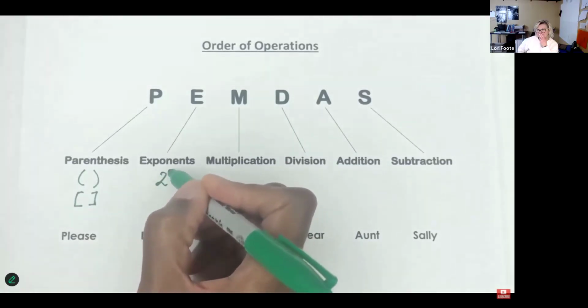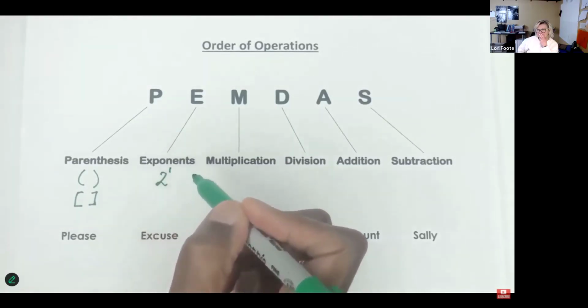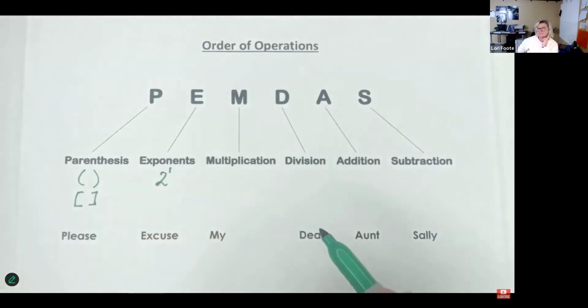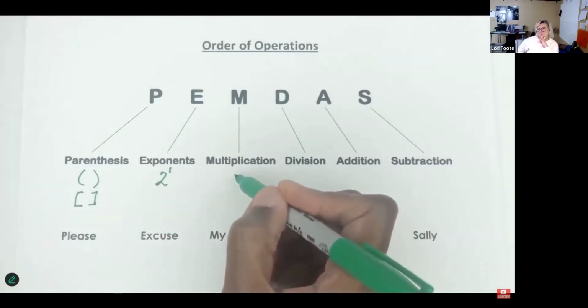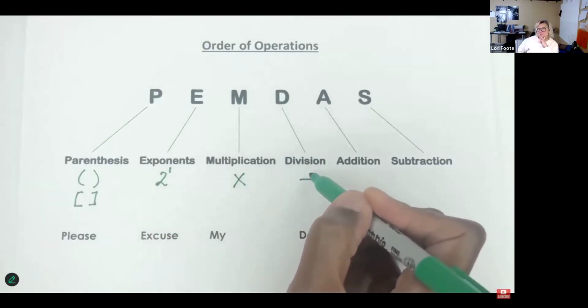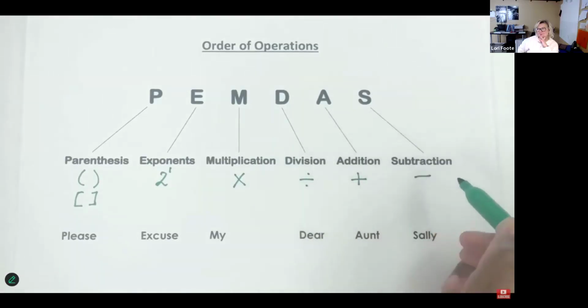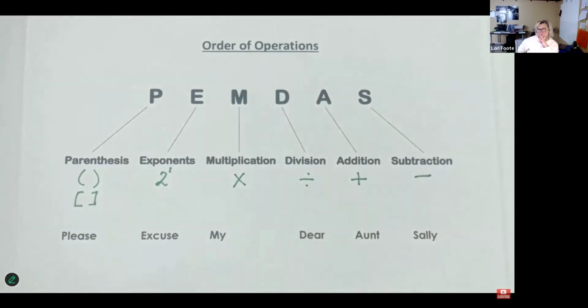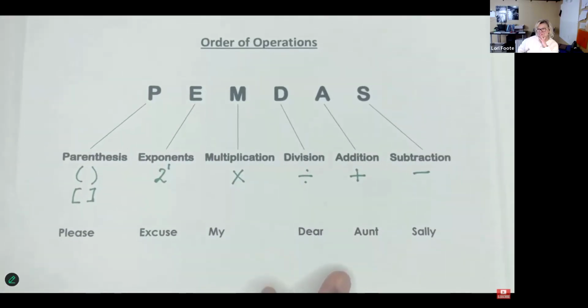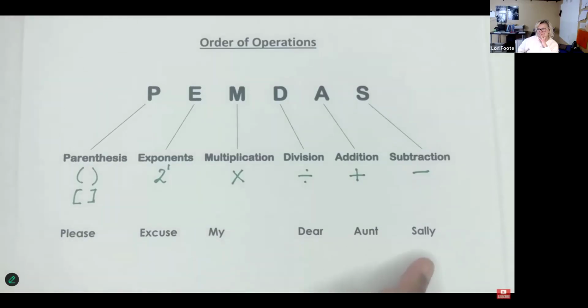So exponents is like you have a little 1 or a 2 or a 3 at the top, whatever number at the top here is an exponent. And then you have the common operations, which are the multiplication, the division, the addition, and then the subtraction. And then they have this acronym that they use for PEMDAS, which is to make it easier for the students to memorize what it means. And here's the acronym. Please excuse my dear Aunt Sally.